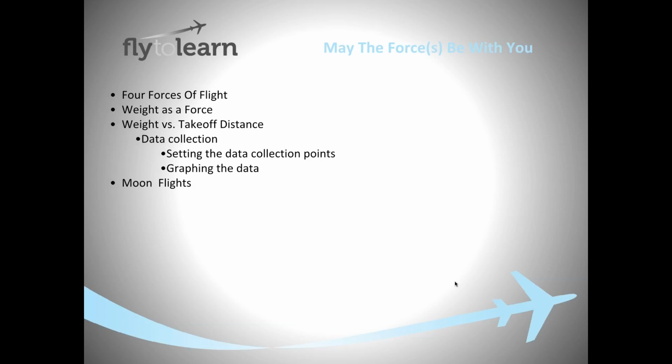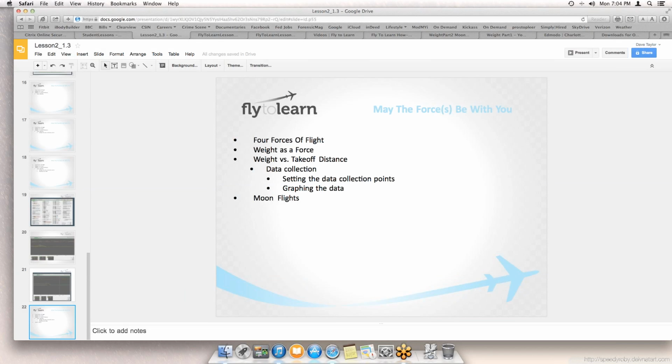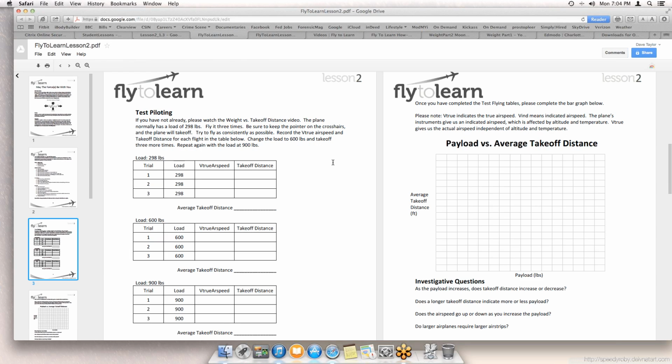Here's another view of it. Now, another way you can look at this is from a different perspective. When you're collecting the data, first you write down your virtual airspeed and your takeoff distance.